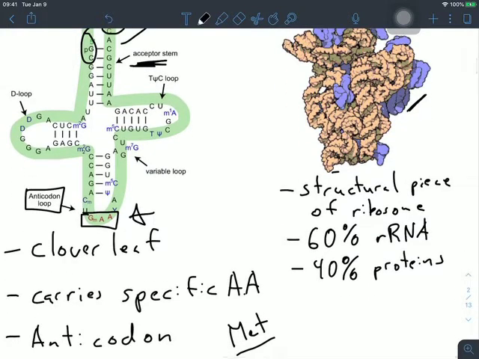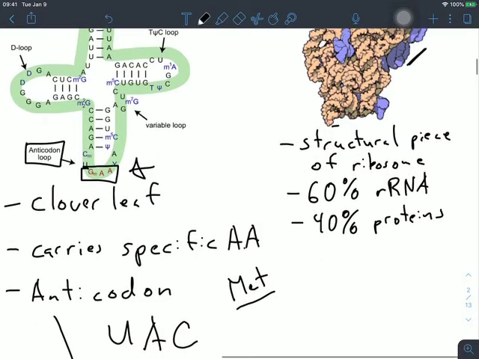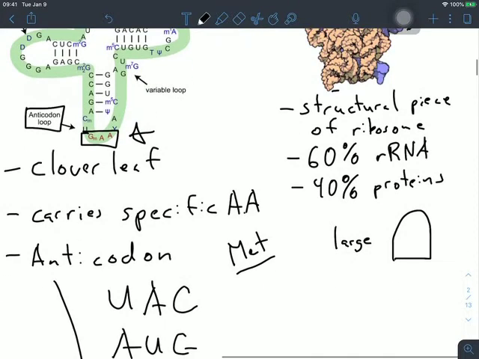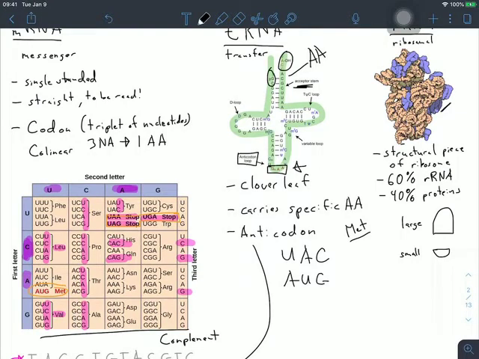Ribosomes themselves are made up of a large subunit that I will very eloquently draw as the top half of a hamburger bun, and a small subunit, very eloquently named because it is smaller than the large subunit.